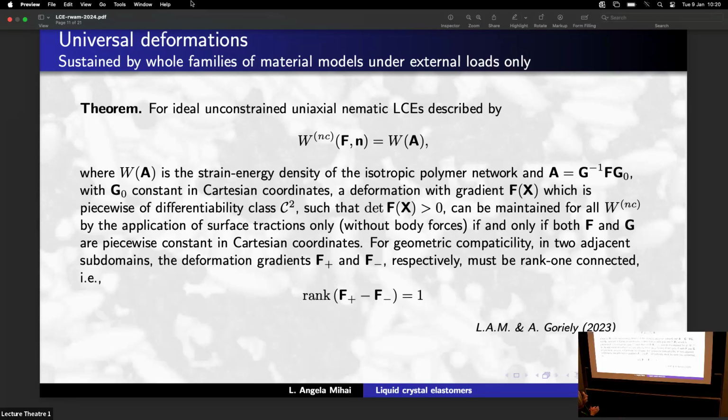Here, we take into consideration piecewise constant deformations in order to capture that shear striping. In principle, you could have that in rubber as well, so there is no reason why you can't just say, okay, I can take it piecewise constant, I can take F to be differentiable of class C2, and this is fine.